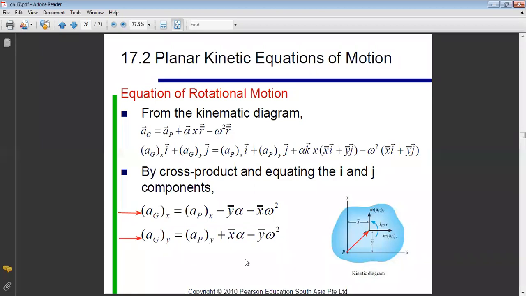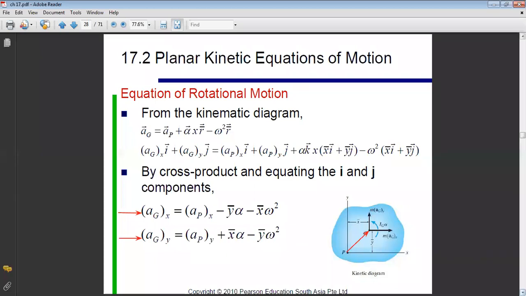So I can replace minus APX plus y bar alpha by minus AGX minus x bar omega squared. And I can replace APY plus x bar alpha by AGY plus y bar omega squared. Okay?